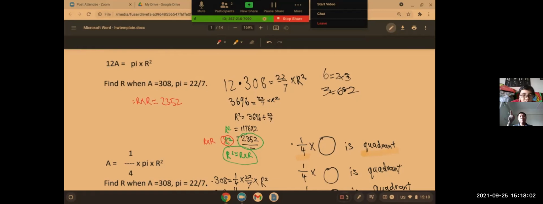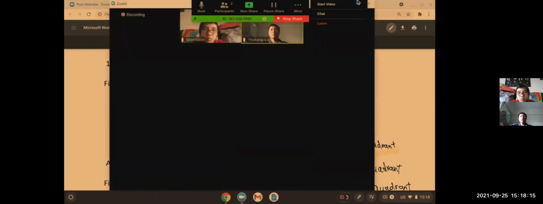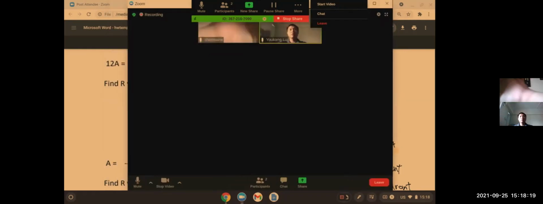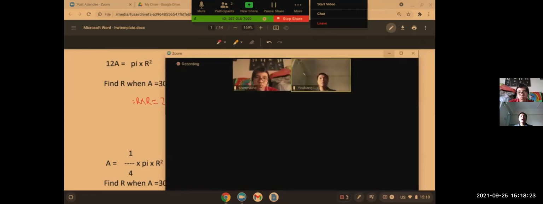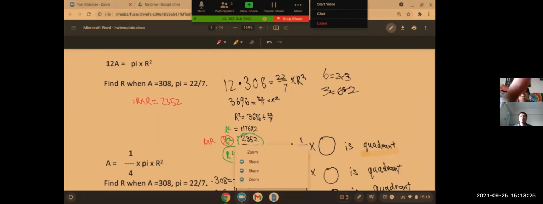Okay, your submarine is getting very close to be a submarine already. Can you see yourself? Can you see yourself? You can minimize.